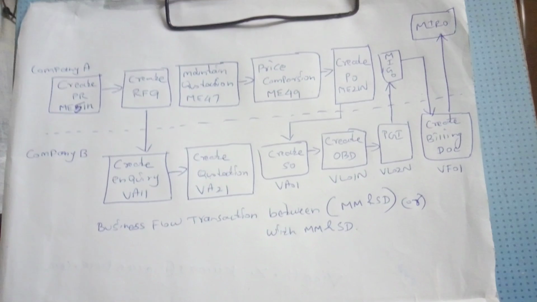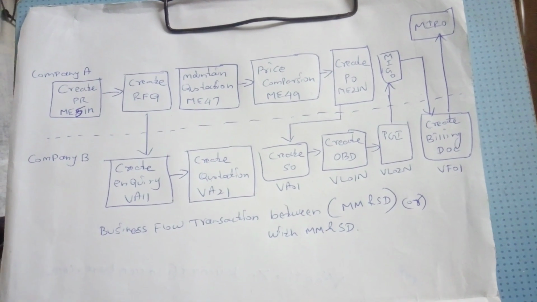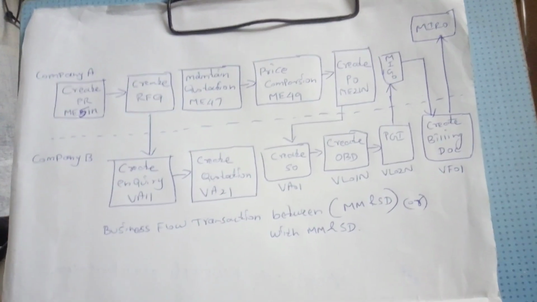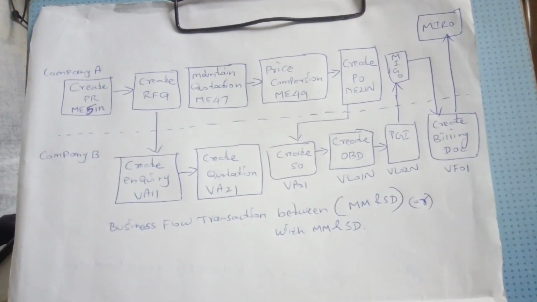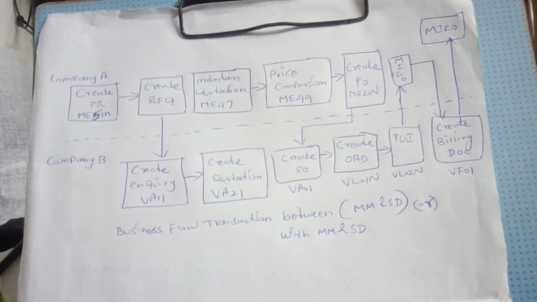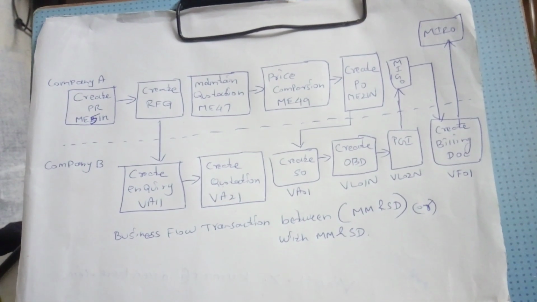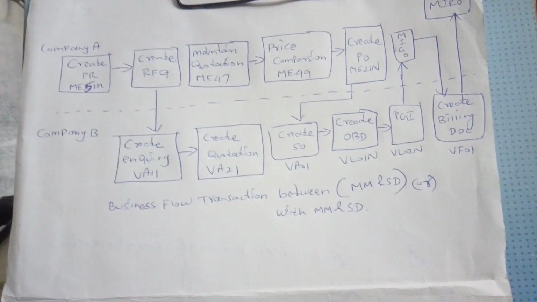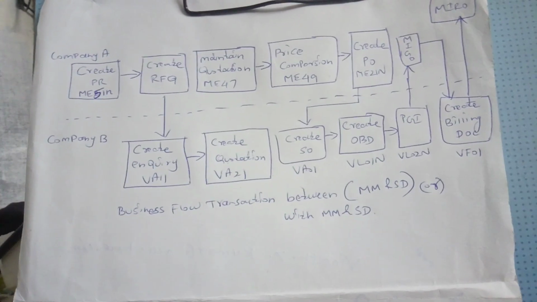So he may compare the PO with the quotation he sent to the customer before, the quotation he sent to company A. Based on that PO and referring to the quotation, he in turn creates a sales order in the SD module, in the VA01 transaction, create sales order transaction in SAP SD module.